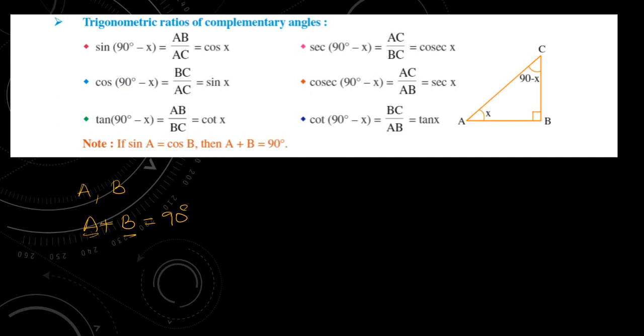So if I want angle A, then I can write it as 90 degrees minus B, and if I want angle B, then I can write it as 90 degrees minus A.